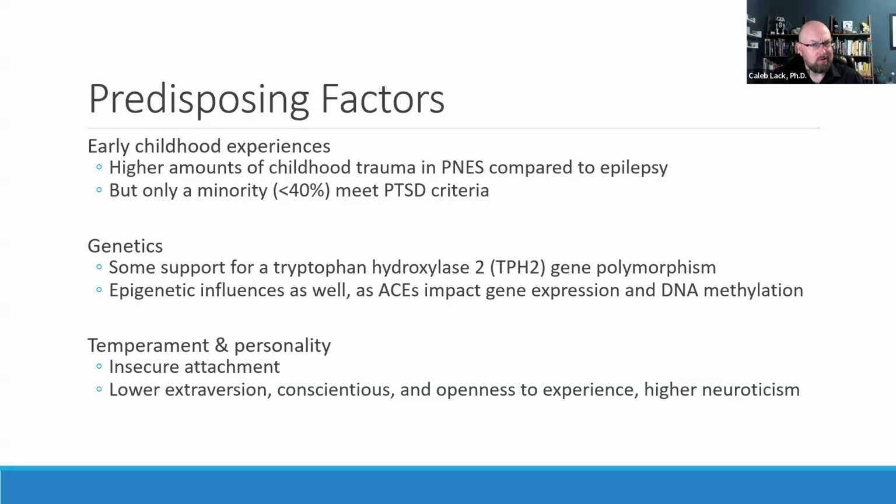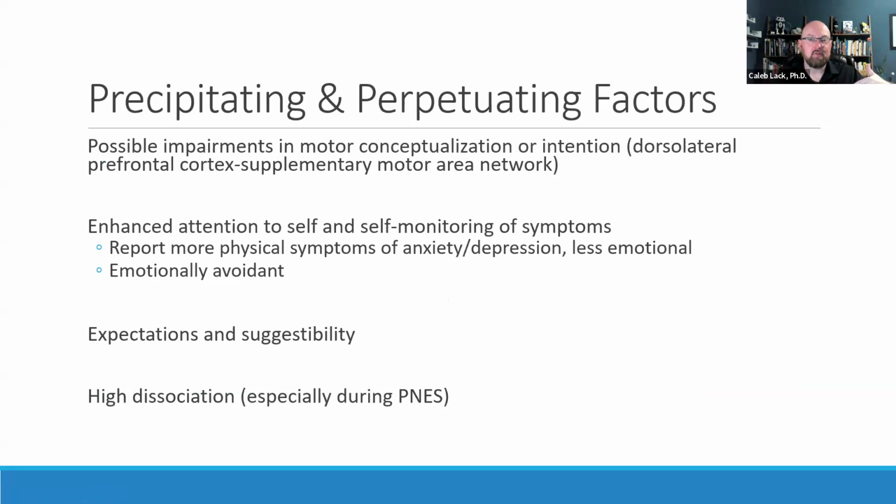There's been a lot of work on genetics, and there's some support for a couple of polymorphisms as well as some epigenetic influence, but nothing that's like, this is the gene for FND. We do see some research on internal psychological factors like temperament and personality. So certain kinds of personality traits and insecure attachment are much more likely to display these FNDs. So those are some of those predisposing factors.